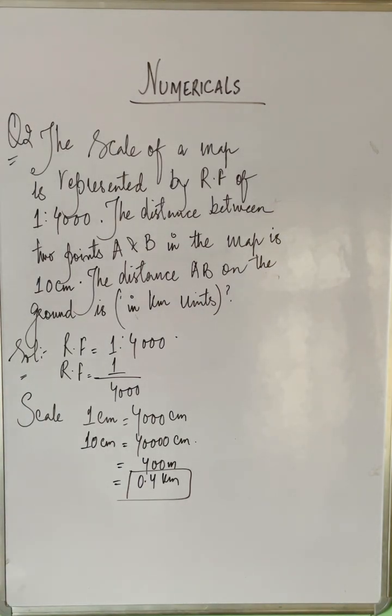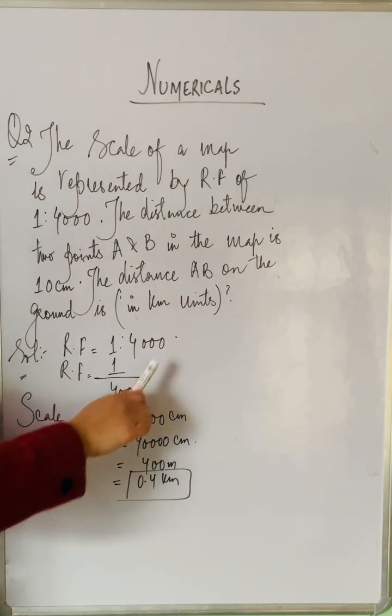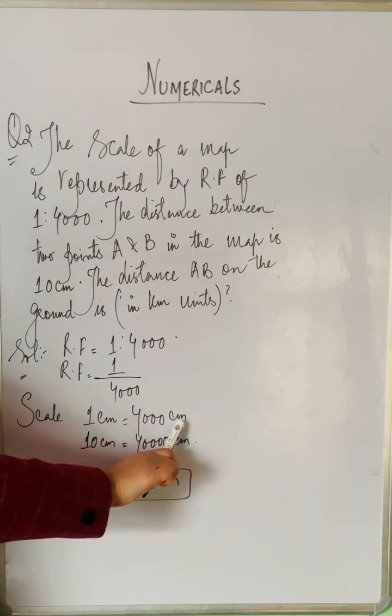I'll explain it again. The question was, the scale of a map is represented by a representative fraction of 1 is to 4000. The distance between 2 points A and B in the map is 10 centimeters. The distance AB on the ground will be, as we have been given the representative fraction 1 is to 4000, that means scale is 1 centimeter is equal to 4000 centimeters.